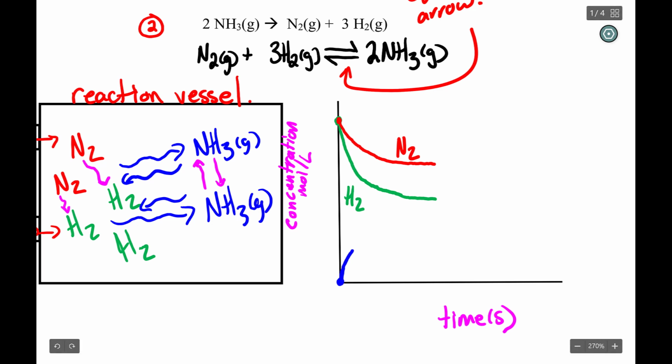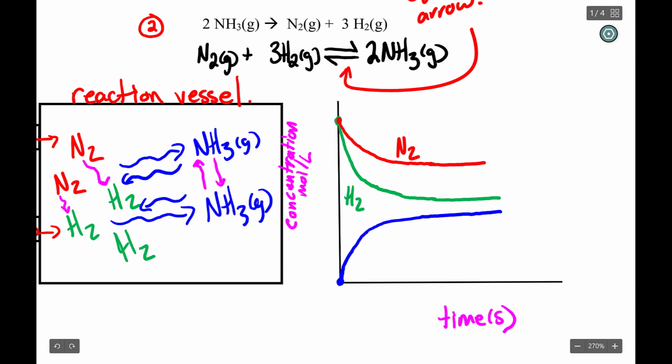But as the concentration of ammonia increases, it starts to react with itself, reforming hydrogen and nitrogen. And so it's decreasing its own concentration, plus we have less concentration of reactants, so this starts to slow down and eventually flatten out, just like my other lines.